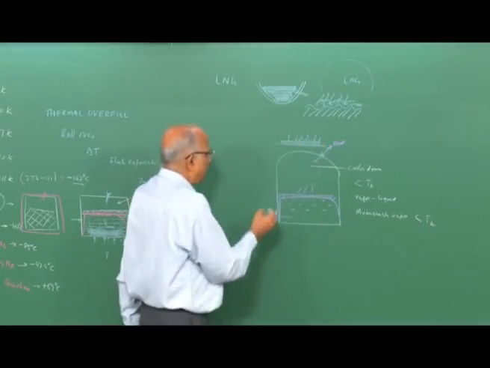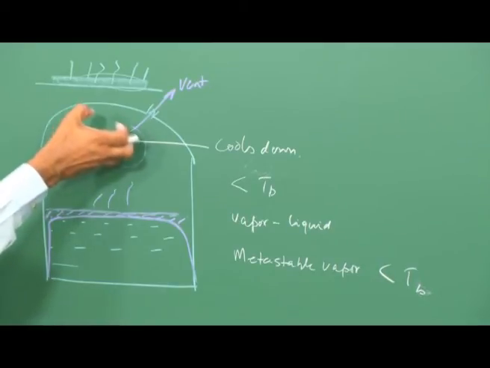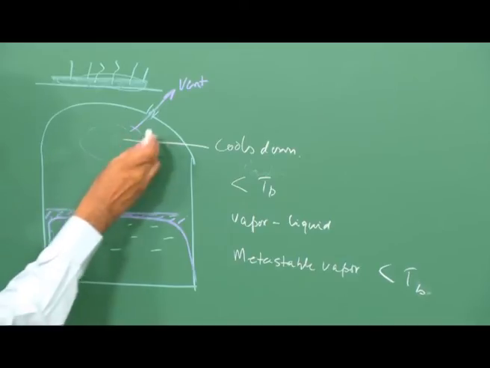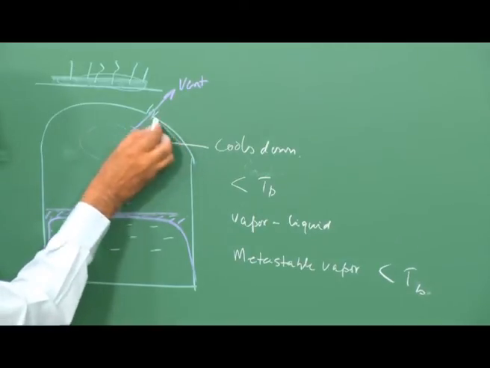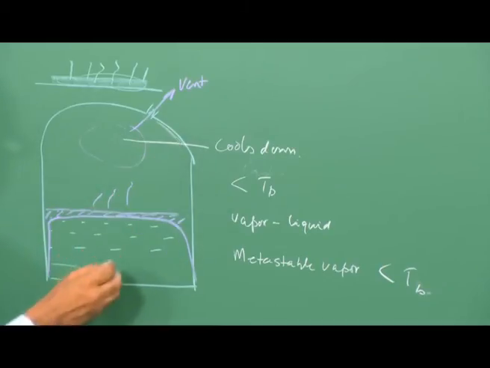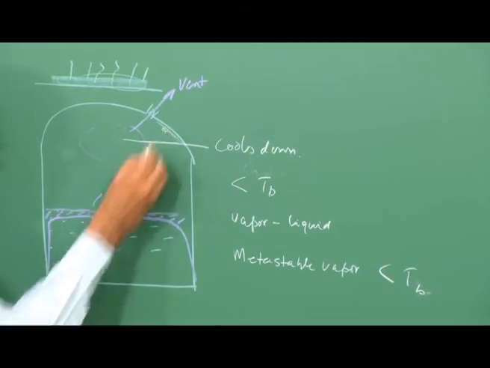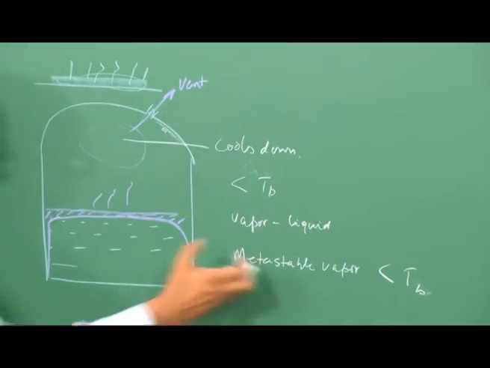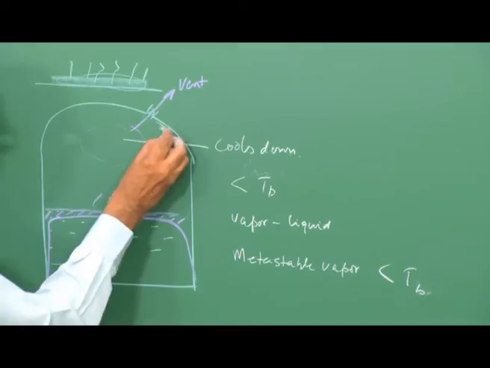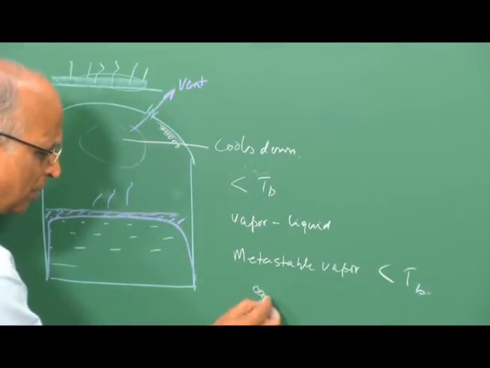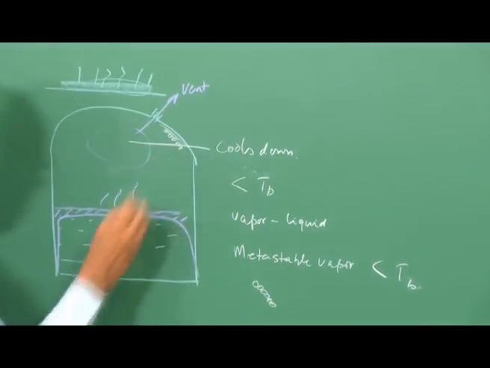In other words, it is tending to condense to the liquid, but it is still a vapor, and it is there as it is. Therefore when you have cold regions, that is the walls which are cold, all of a sudden this metastable vapor cannot exist as a vapor, it is waiting to condense, and you have condensation taking place near the surface.